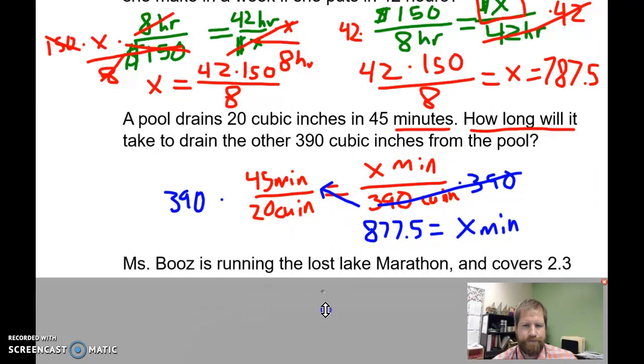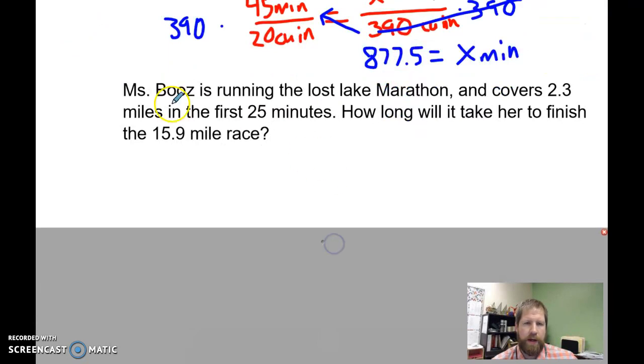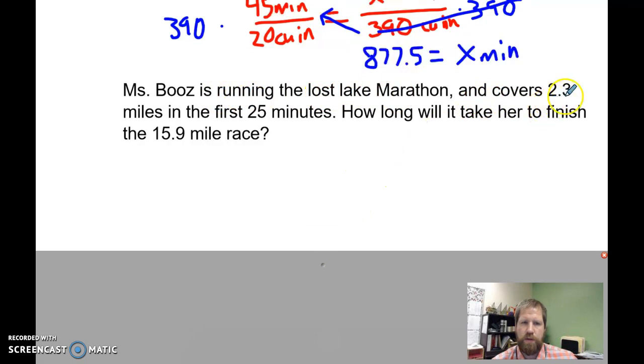Okay, last one. Miss Booz is running the Lost Lake Marathon. She covers 2.3 miles in the first 25 minutes, and we're assuming she's running at the same pace the whole time. How long will it take her to finish the whole 15.9 mile race?